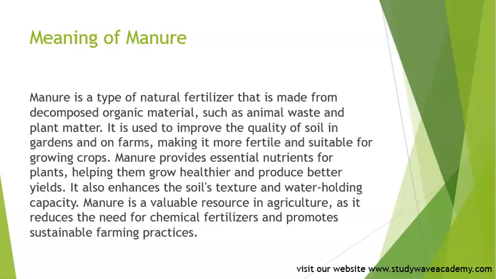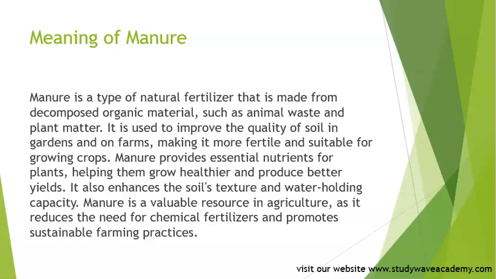Manure provides essential nutrients for plants, helping them grow healthier and produce better yields. It also enhances the soil texture and water holding capacity. Manure is a valuable resource in agriculture as it reduces the need for chemical fertilizers and promotes sustainable farming practice.